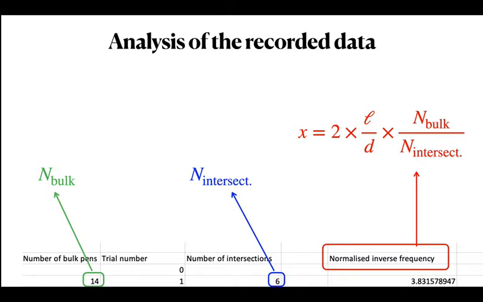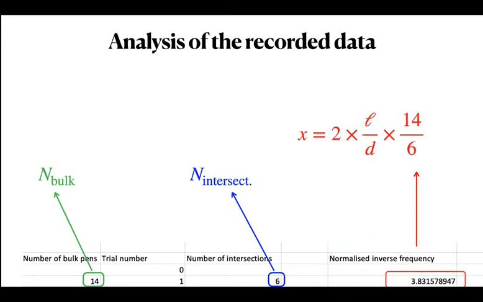Now in this particular instance, this is trial number 1, therefore I've only dropped the pens once, and so I got this particular number, and here I get basically the ratio 14/6.